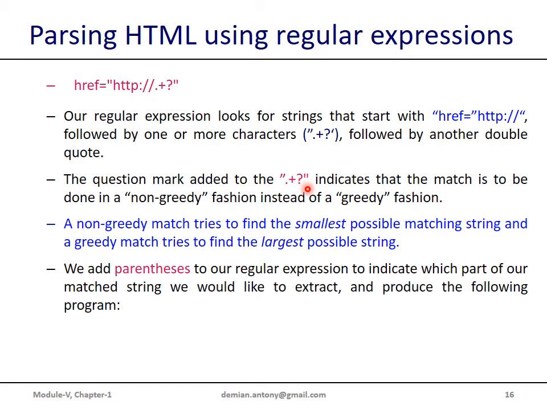This question mark indicates the match is to be done in a non-greedy fashion. What do we mean by non-greedy? It tries to find the smallest possible match. A greedy match always tries to find the largest possible match string. So we are now interested in the smallest possible match. That's why we use this regular expression character to have a non-greedy match.